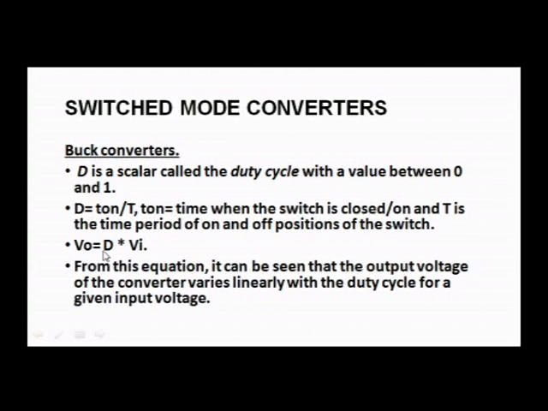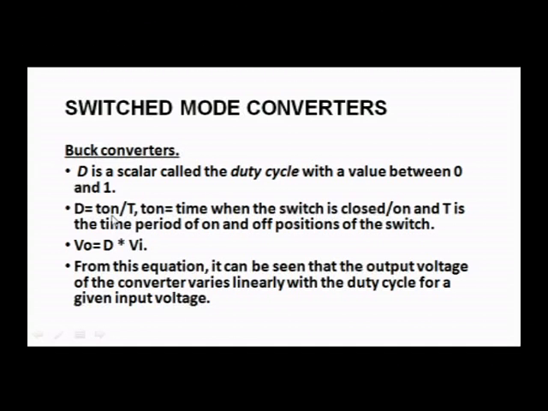V0 is going to be the product of D into Vi. So, D, the duty cycle, into Vi, and in this equation you always see D is a ratio. Okay, it is a ratio.